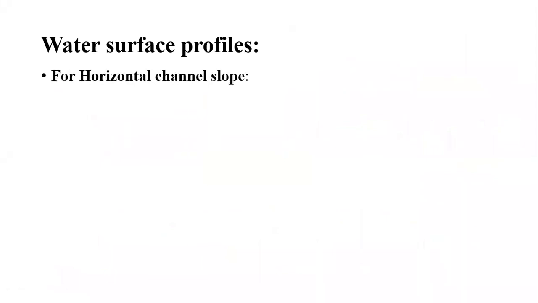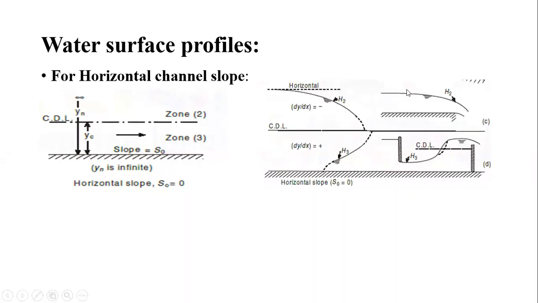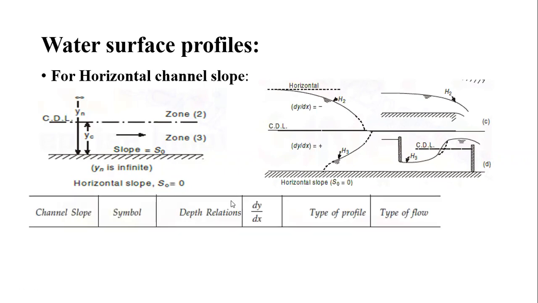The next one is the horizontal channel, where only two regions exist, the second and third, because normal flow depth occurs at infinite dimension. So two corresponding water surface profiles exist for that, H2 and H3.